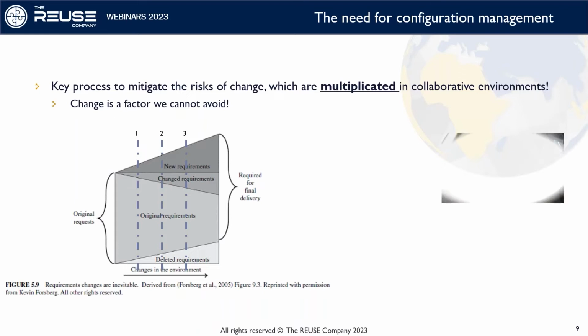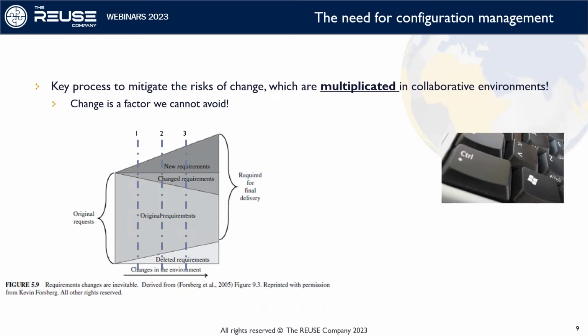So the risk is multiplied by the fact that we don't have the Control Z action that we usually have in a local file working only in one single document. We're talking about multiple sources, multiple documents, and the fact that people can work at the same time.